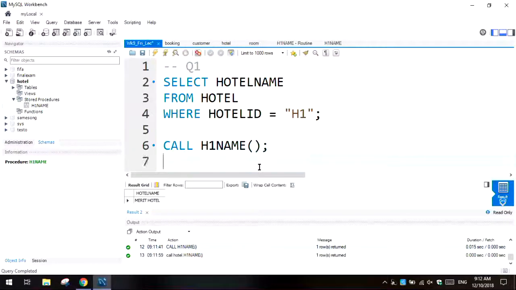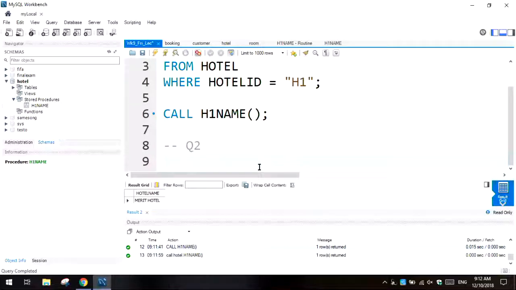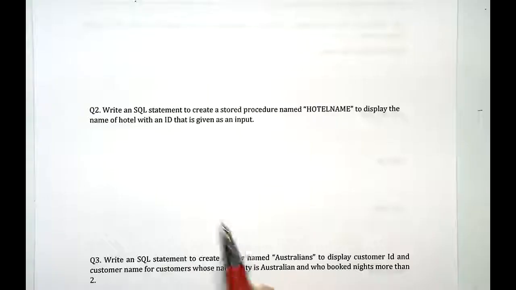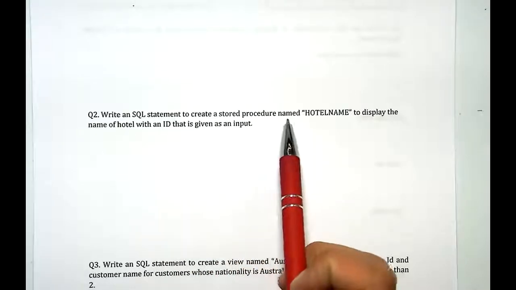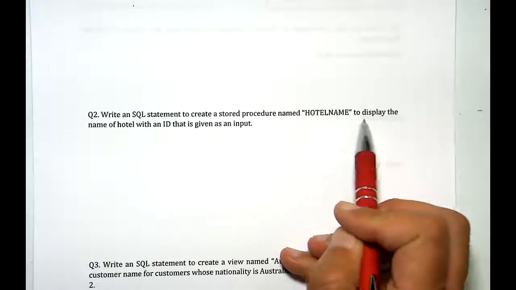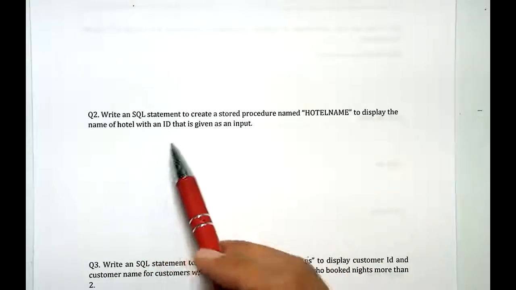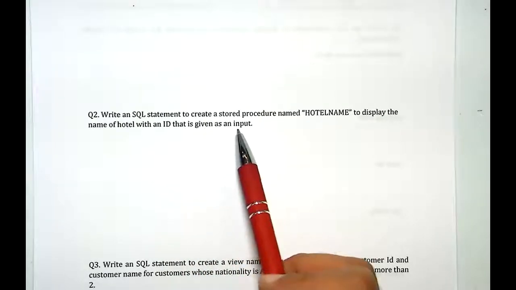In number 2, which is very similar to number 1, in query number 2, you need to write a statement to create a stored procedure again, named hotel name, to display the name of the hotel with an ID, which is given as an input.